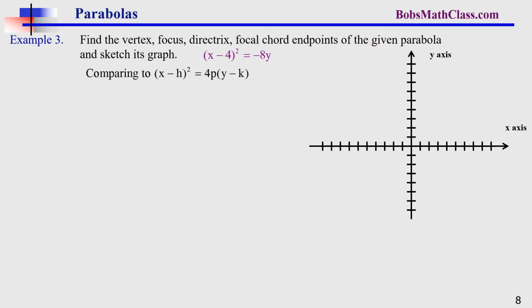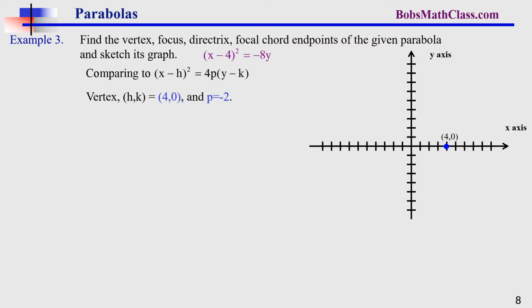So our vertex is (4, 0). And then set 4p equal to negative 8. So if you divide by 4 on both sides, you'll get negative 2. So (4, 0) and p equals negative 2.